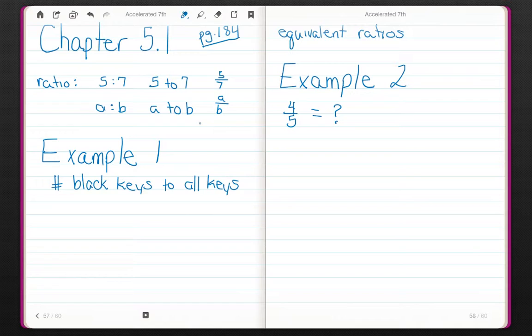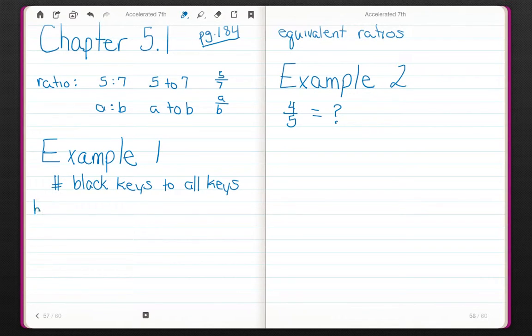So example 1 is going to reference the piano at the top of the page that is showing inside the red box 5 black keys, 7 white keys, making a total of 12 keys. So example 1 wants to write a ratio of the number of black keys to the number of all of the keys shown in that red box.